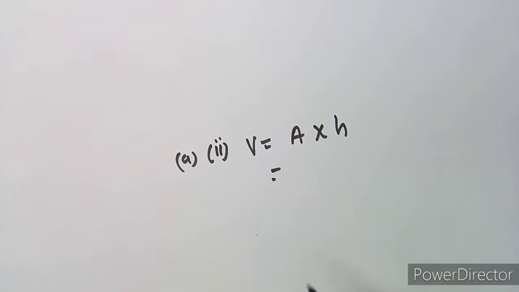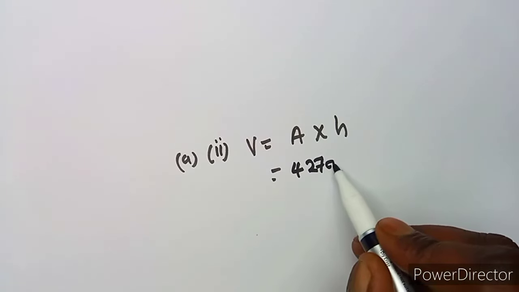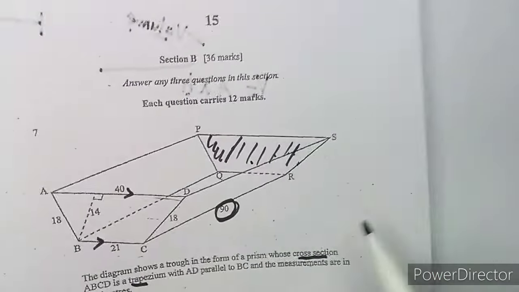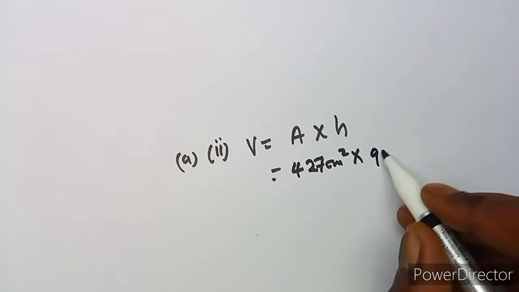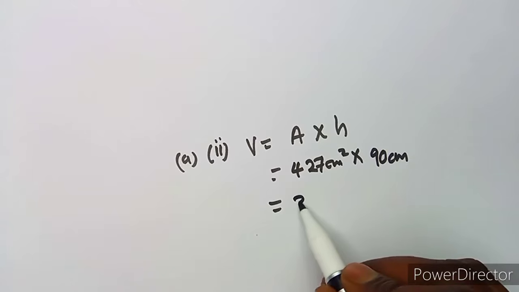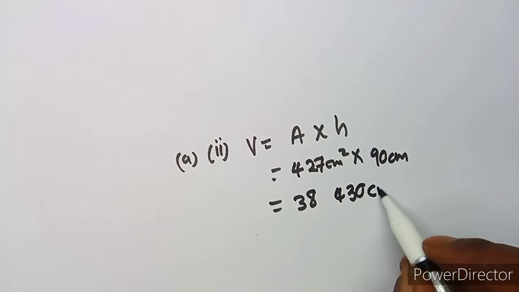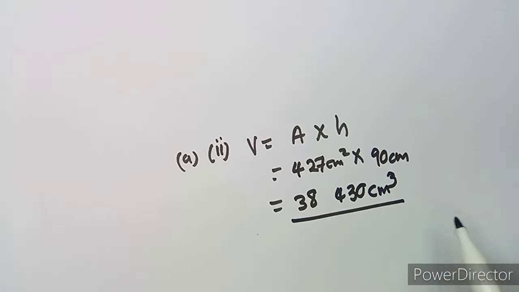So we simply take the area that we calculated, which is 427 square centimeters, times the height of 90 centimeters. That's going to be 38,430. This is now volume, in cubic centimeters. All right, so that's what you simply had there.